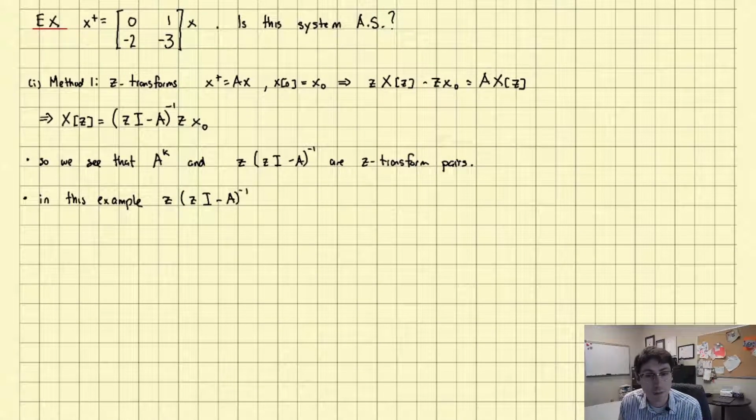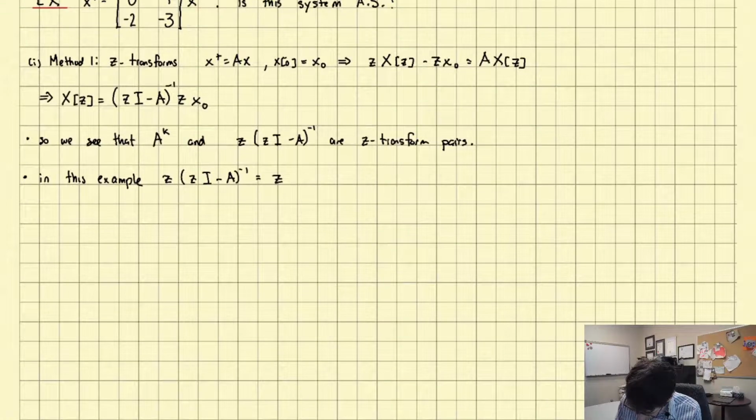So in this example, what does this quantity look like for this particular A? So it's Z times (zI minus A) inverse. I've sort of covered it a bit, but let's put it in here. All right, so there's our expression. We need to invert that matrix.